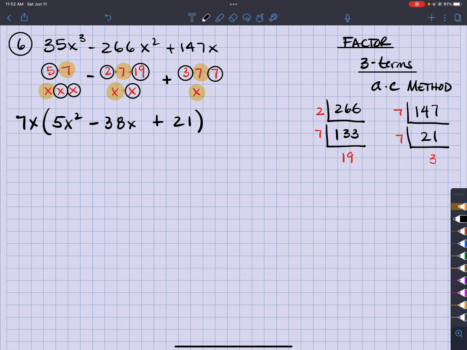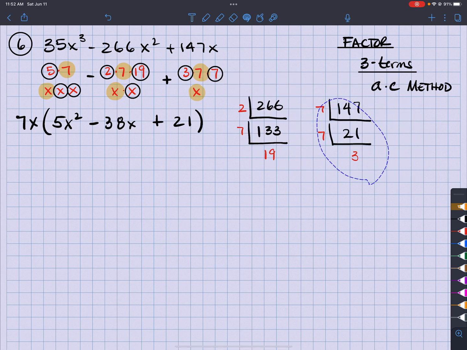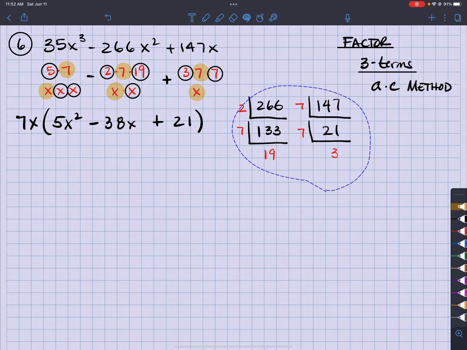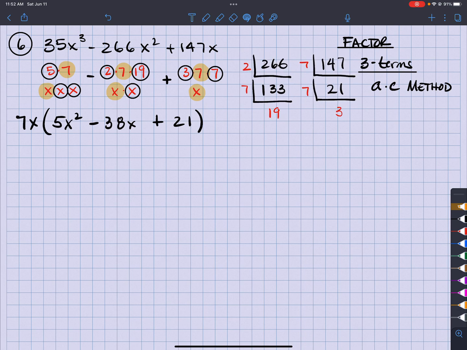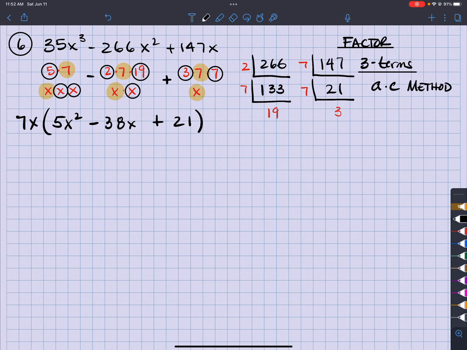All right, so great. So I got this part done. I guess I should probably put something right here to kind of separate the work a little bit.